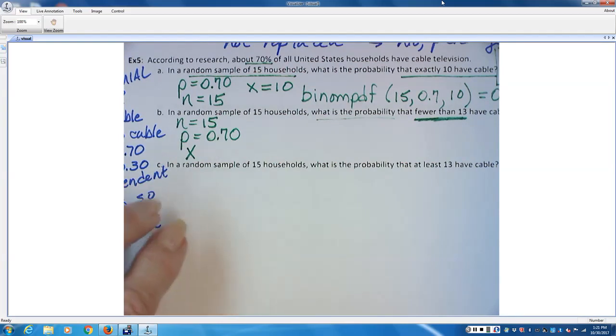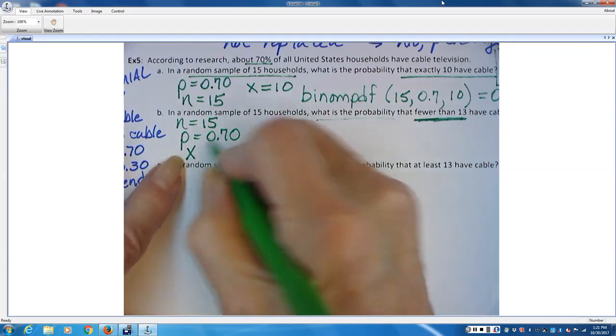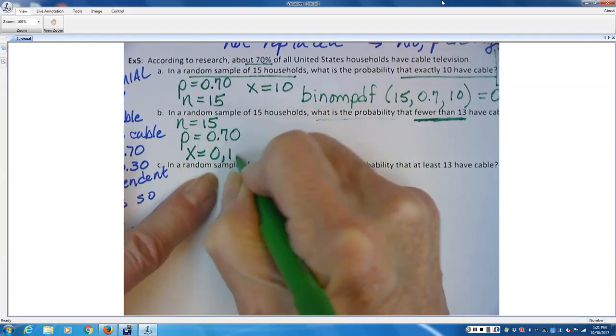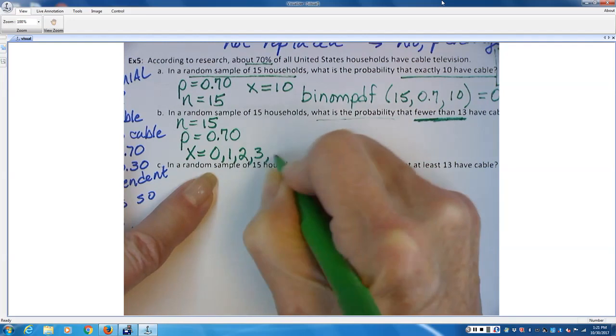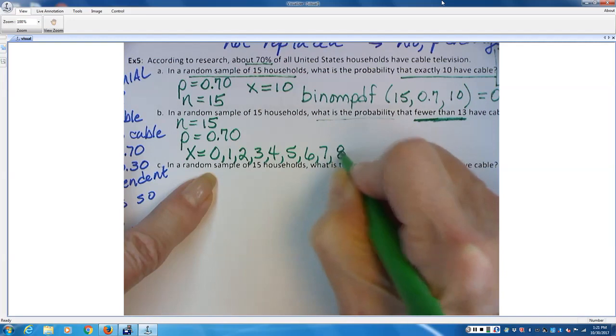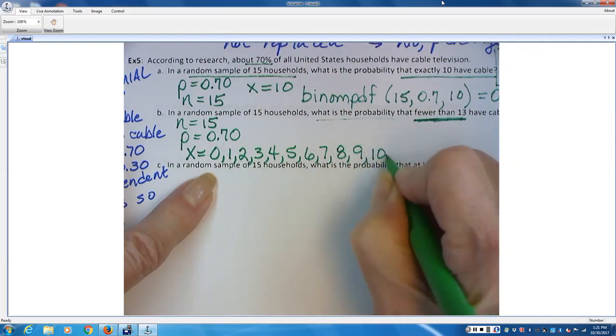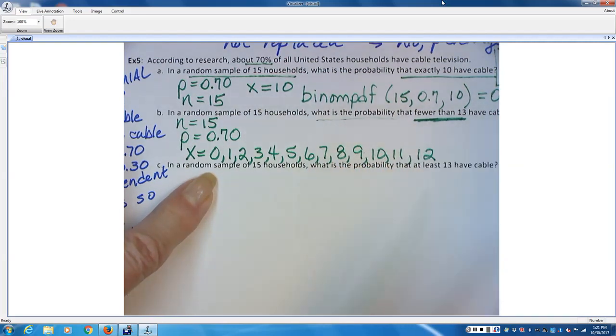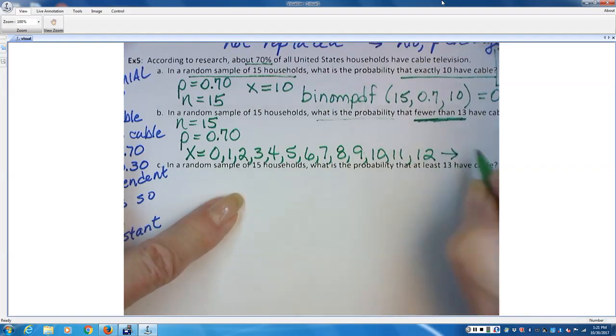What about 0? Do we need 0? Yeah, because it is possible, not likely with that probability, but possible, that none of the households have cable. So X is equal to 0, 1, 2, 3, 4, 5, 6, 7, 8, 9, 10, 11, or 12, which is the same as saying we're looking for the probability that X is less than, not greater than, less than 13.